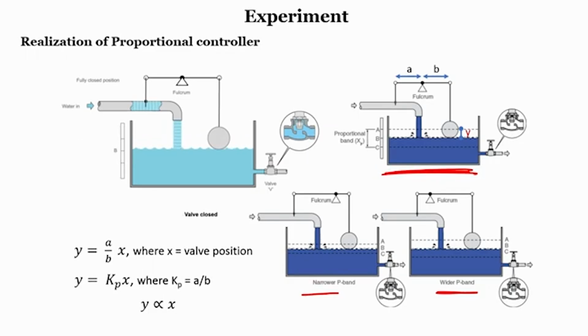First one we have to understand is y equals A by B times x, where x is the valve position. So, if I consider A here, B here and the valve position, this y is nothing but A by B into x. So, we can write y equals Kp x, right, where Kp is nothing but A by B, or we can say y is proportional to x, right.